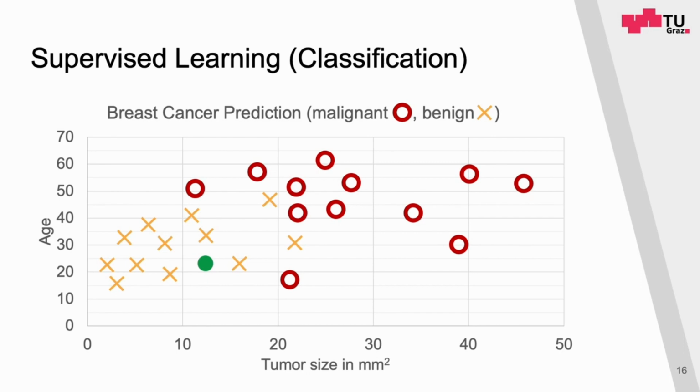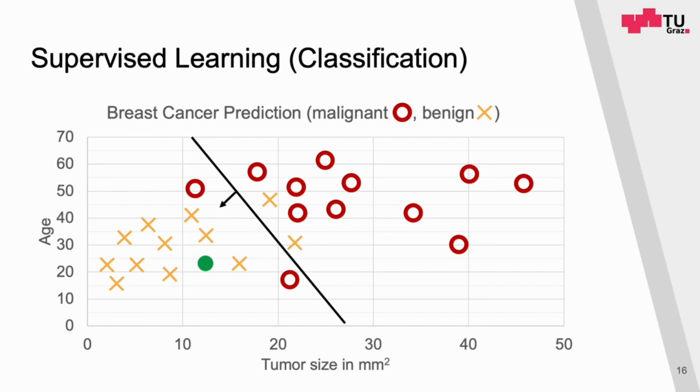He or she wants to know if the tumor is benign or malignant. And given that data here, you can draw a straight line into the data, which tries to separate malignant from benign cases in the best possible way, which means you want to reduce false predictions.